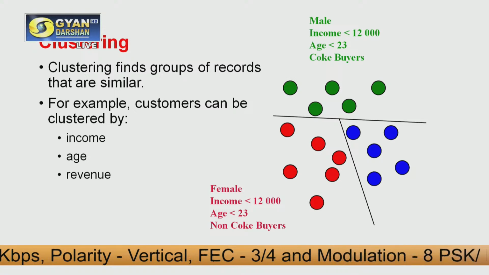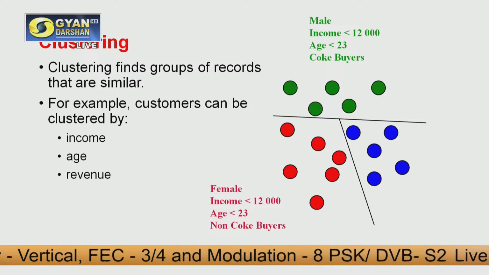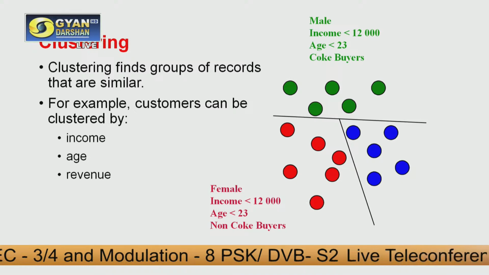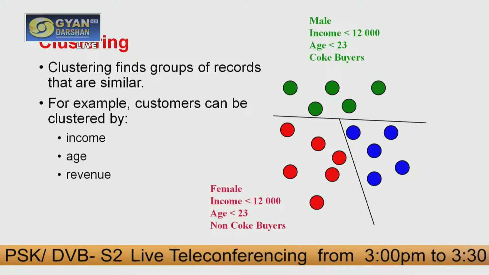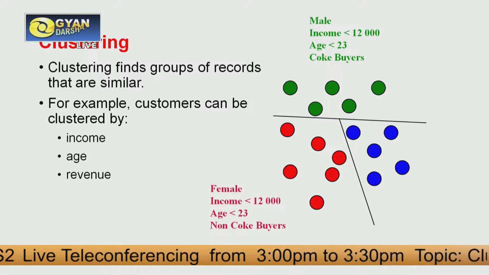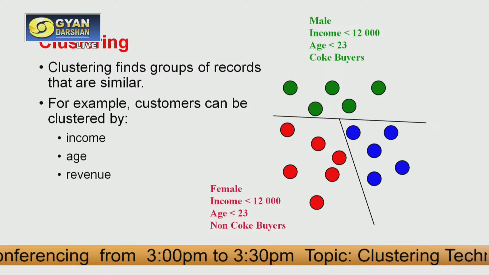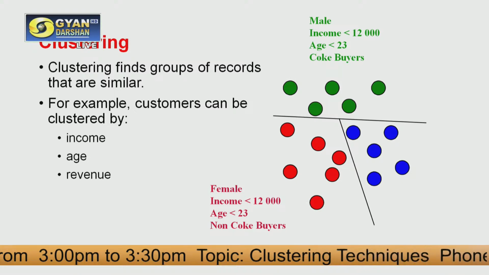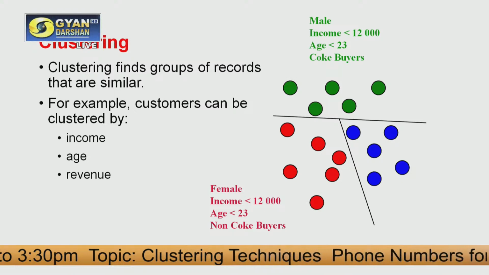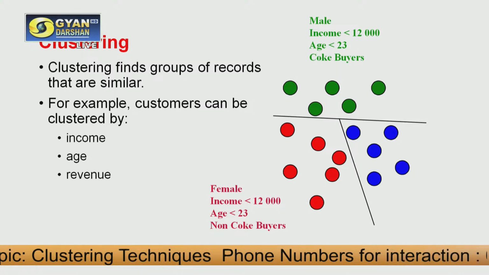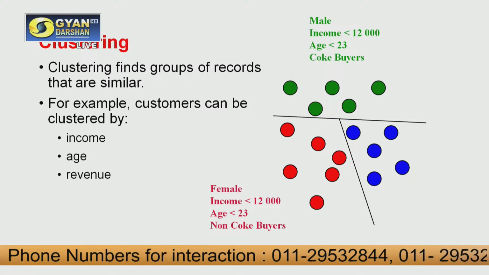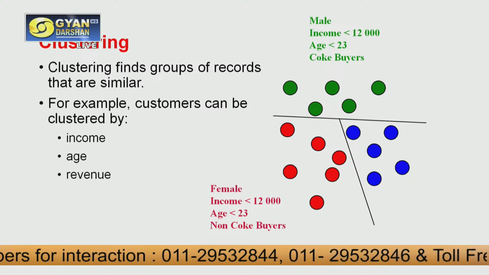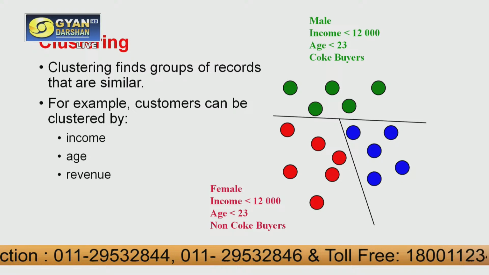And we have female customers whose income is less than 12,000 and age is less than 23, but they are not Coke buyers. So we can understand that we have a group of records which are similar in nature, but at the same time dissimilar to the other clusters.